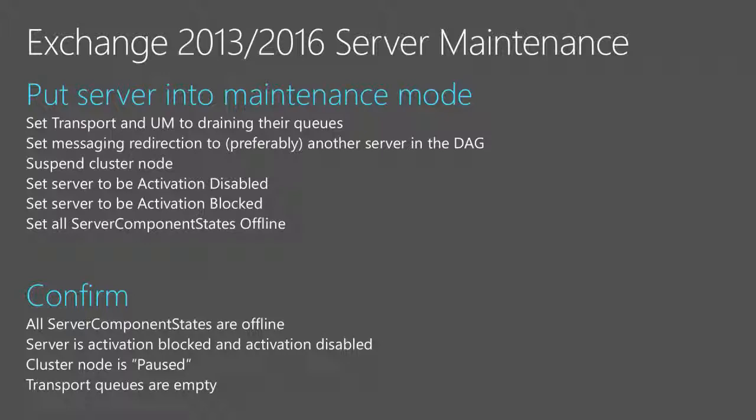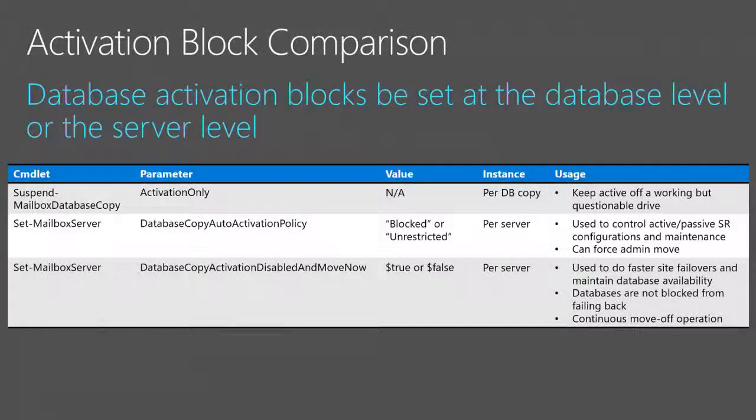The fact that you've said, OK, drain the queue, doesn't mean the queue's empty. So I always like to go and check that the queue is empty and make sure that the calls aren't in progress before I do that. And then once you're done with the maintenance, you basically undo these things, take the server out of maintenance mode, and once you unblock it, you can rebalance the DAG and move databases over to it.